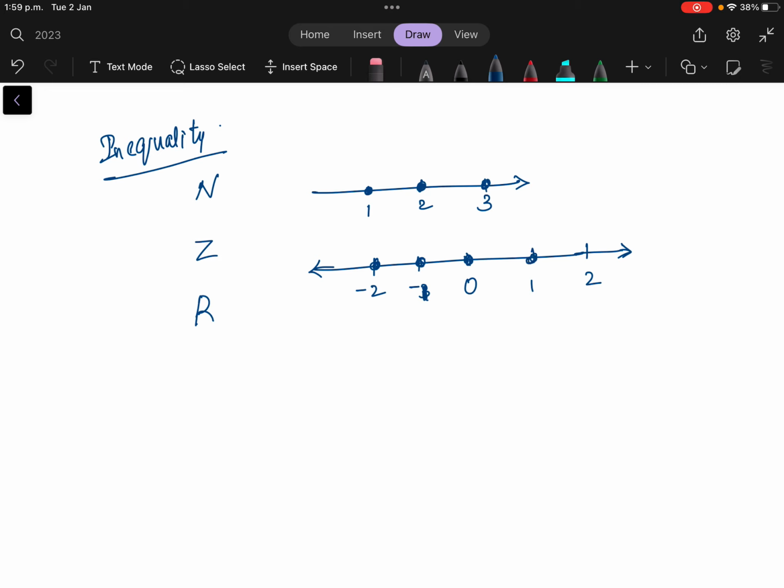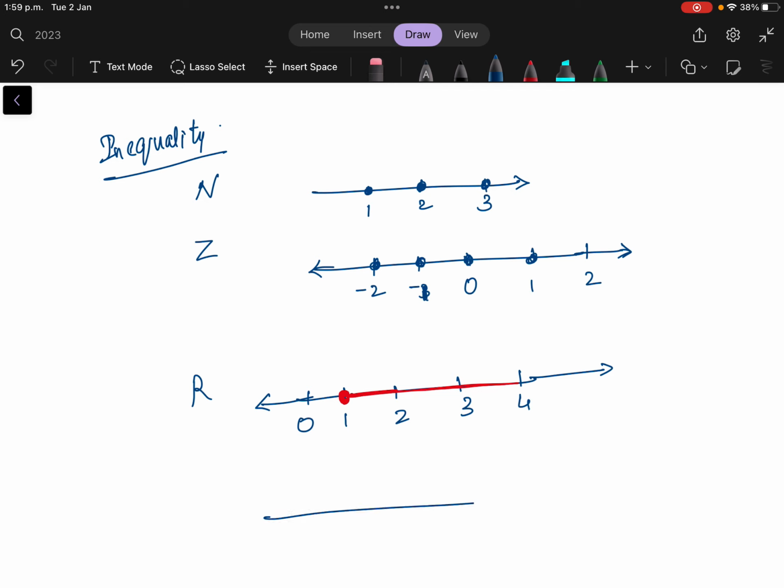If you are denoting something, you just denote it like this. But for real numbers, if you have to denote certain values, you just draw a line like this. That is how we do it. If 1 is included, you just darken it like this. If 1 is not included, then you put a circle.